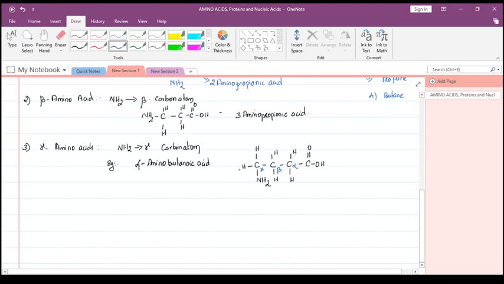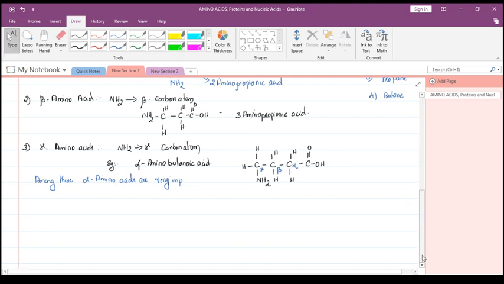Actually, among these, alpha amino acids are the most important because they are the product of hydrolysis of peptides and proteins. How are they important?